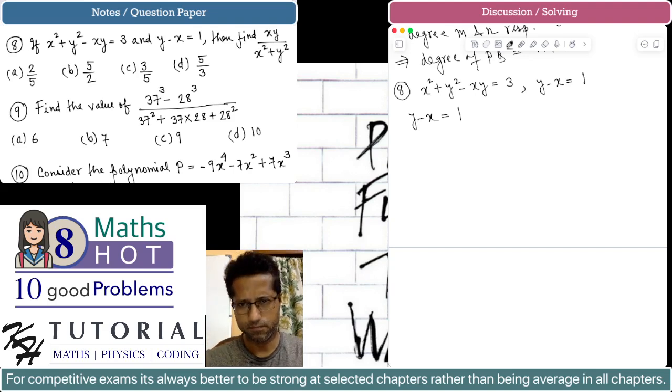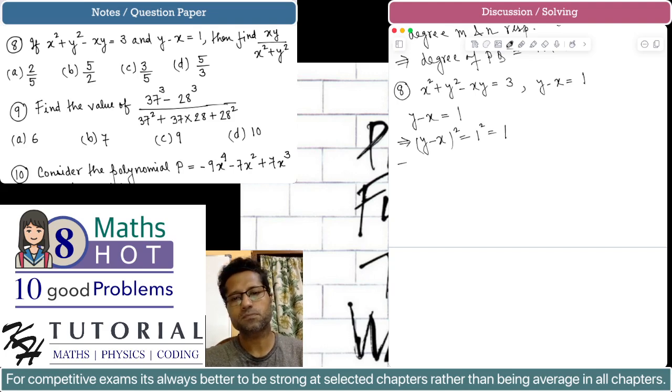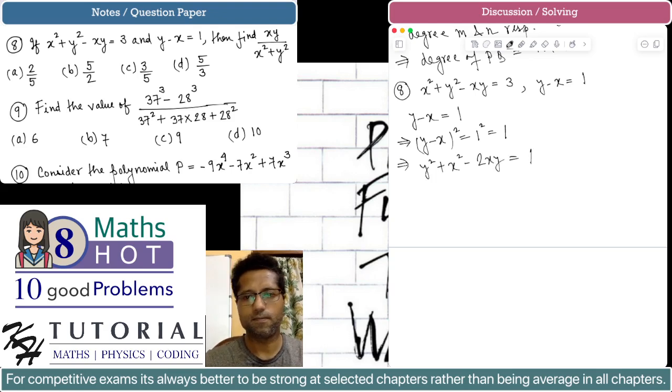So from the given fact that y minus x is equal to 1, if you take the square on both sides, we will have (y minus x) whole square is equal to 1 square, which is equal to 1. Now if you apply the identity of (a minus b) whole square, we get y square plus x square minus 2xy is equal to 1.